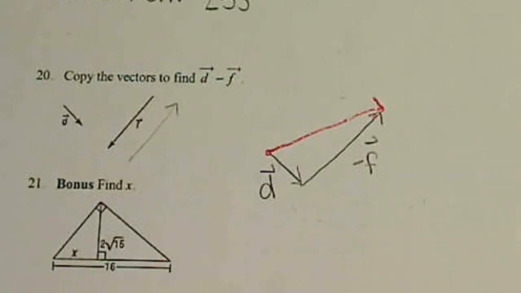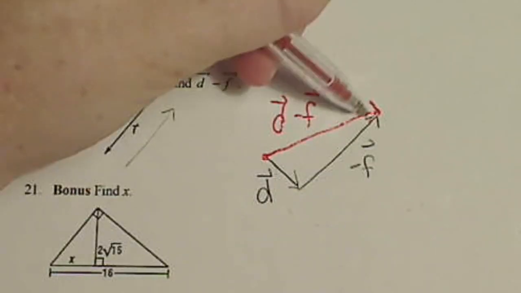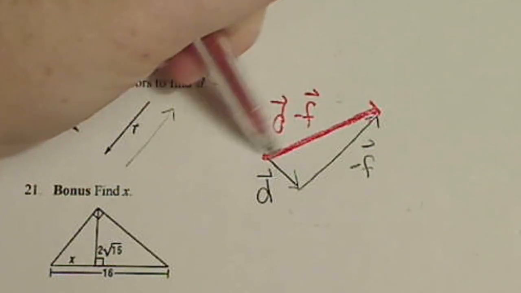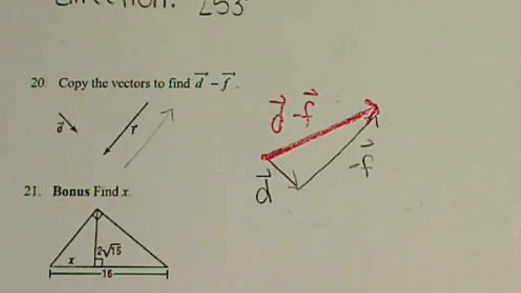That red vector represents D minus F. That is my solution right here. I'll darken it up so you can see it.